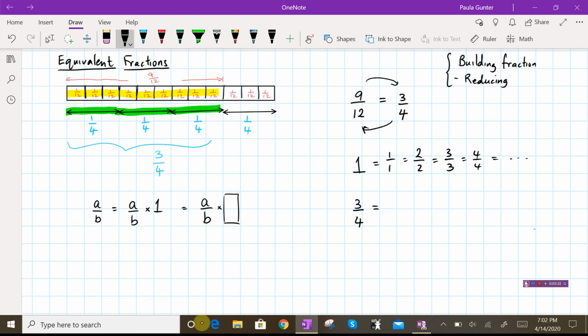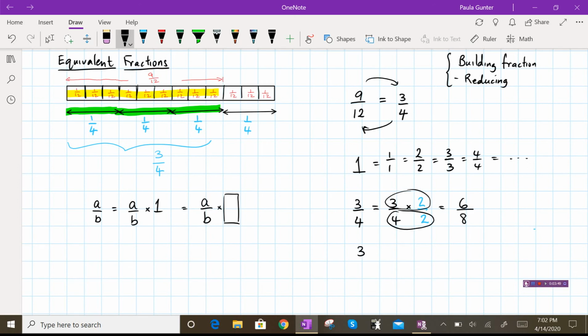If I start with 3/4 and think about multiplying by 1, let's look at the different forms of 1. If I multiply this by 2 out of 2, the numerators would multiply, I would end up with 6, and the denominators would multiply, I would end up with 8.